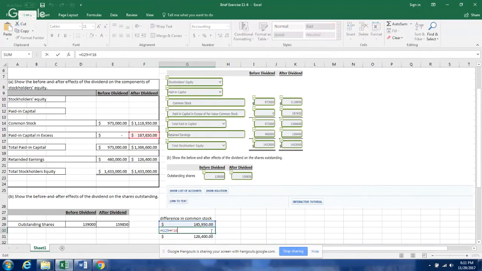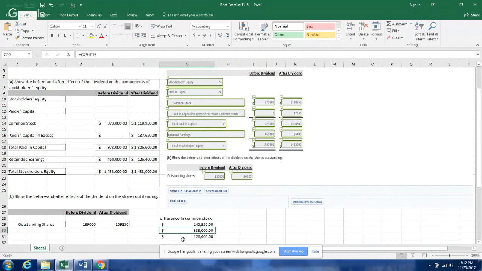Then I took that number and added it with our paid-in capital, so $145,950 plus $187,650, which gives $333,600.